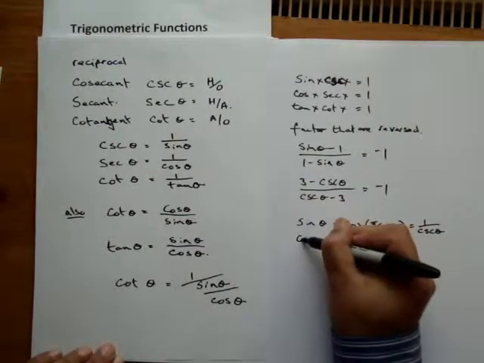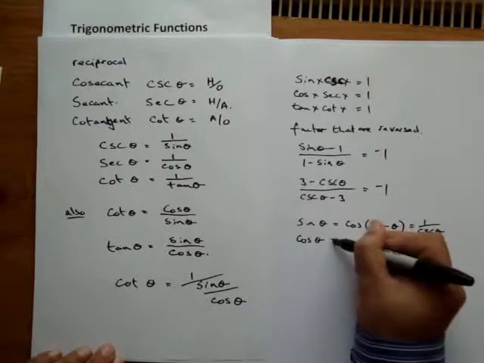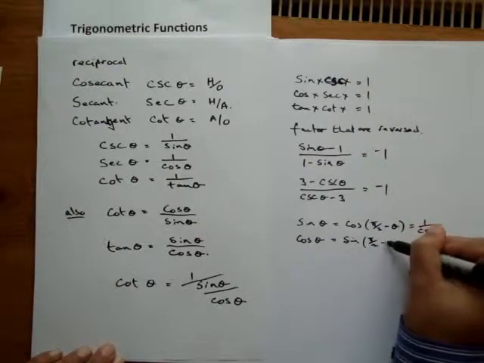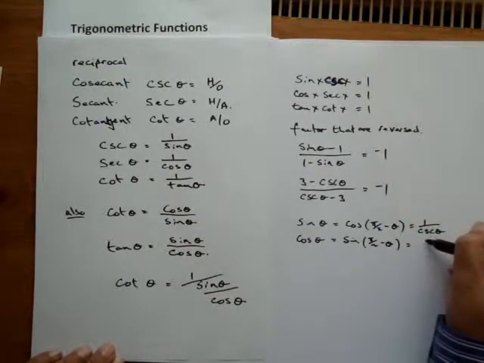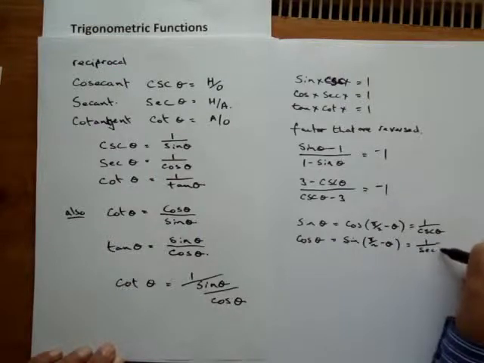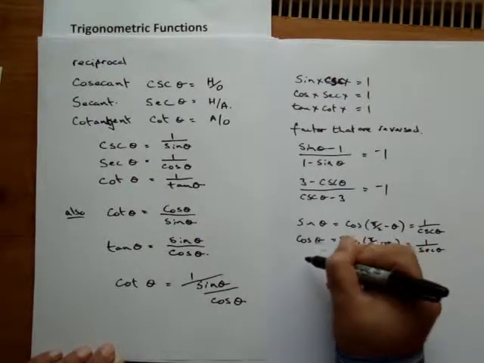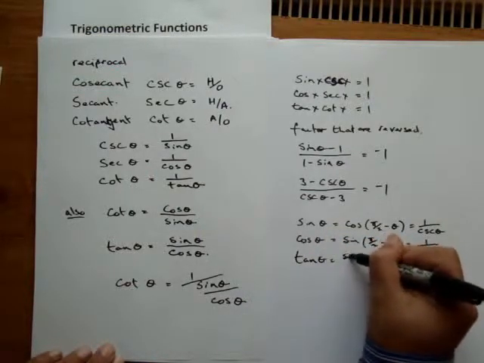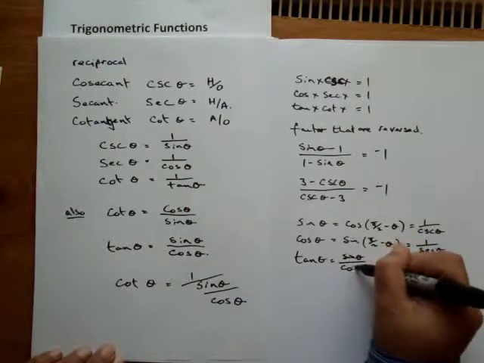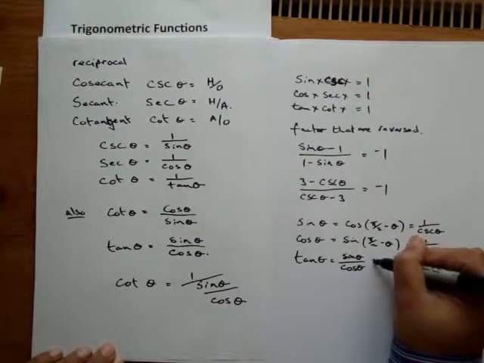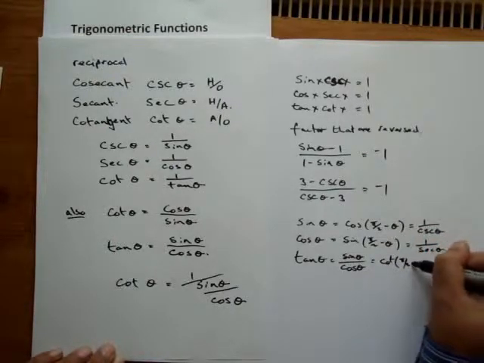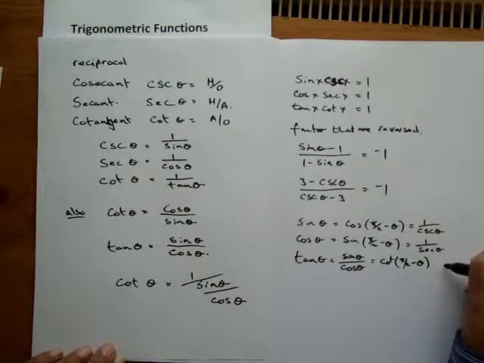So similarly, cos theta equals sine pi over 2 minus theta equals 1 over sec theta. Tan theta equals sine theta over cos theta, which equals cotangent pi over 2 minus theta, equals 1 over cot theta.